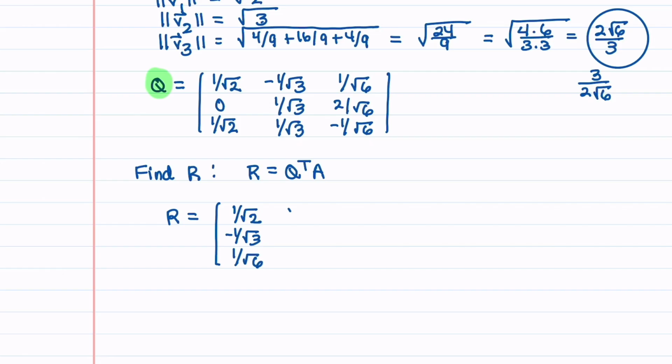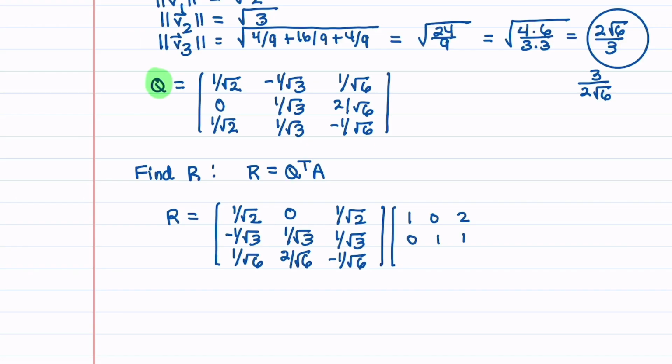And then our second row is going to become our second column, and our third row is going to become our third column. And this gets multiplied by our original matrix A, which was 1, 0, 2, 0, 1, 1, 1, 2, 0. Now all we have to do is multiply all of this out.